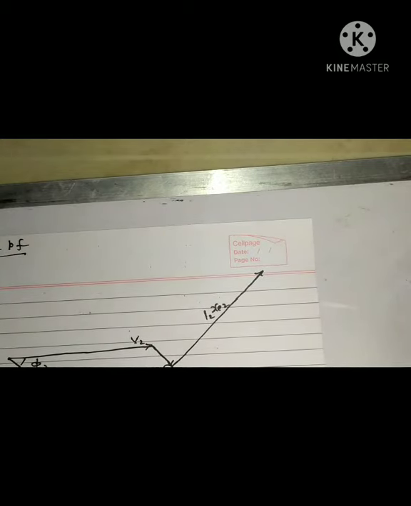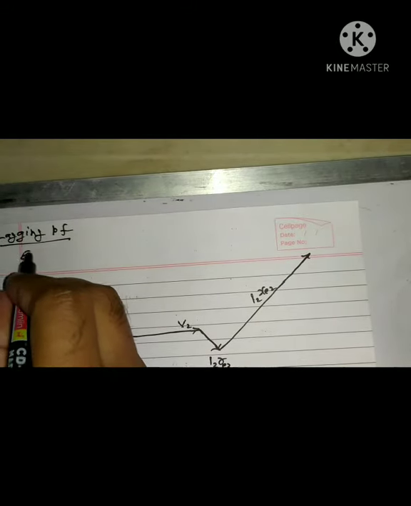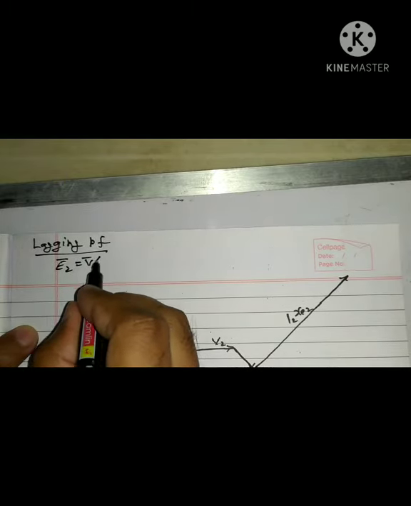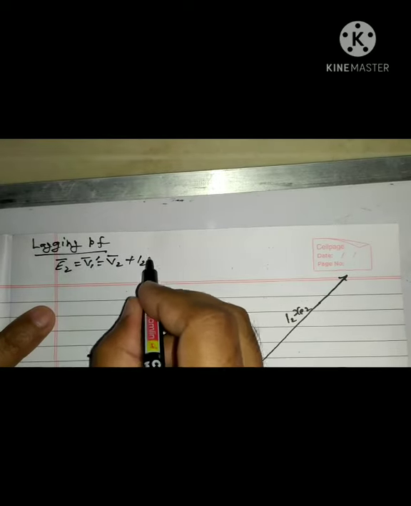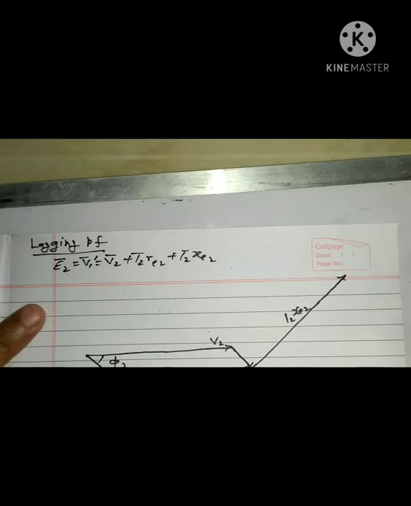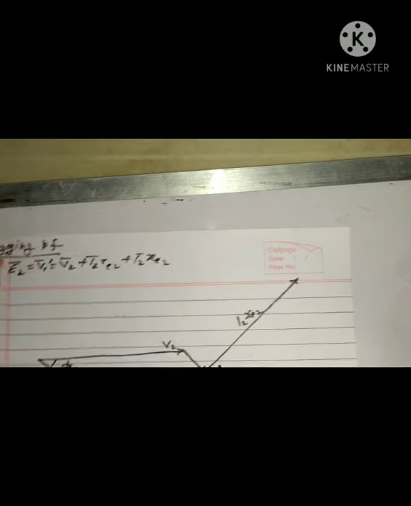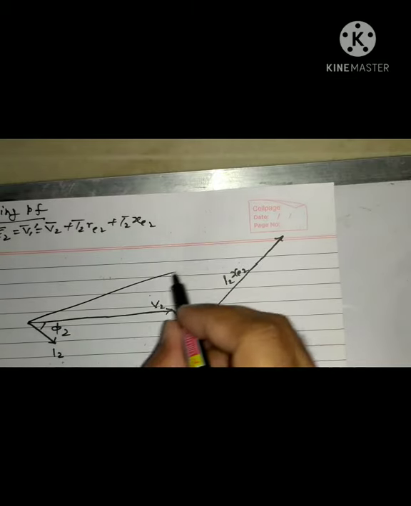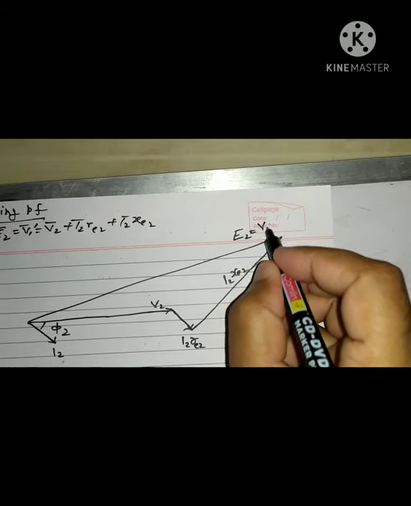So we have seen the expression that E2, that is V1 dash, equals V2 plus I2 RE2 plus jI2 XE2, which is E2, which is V1 dash.